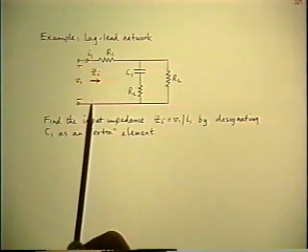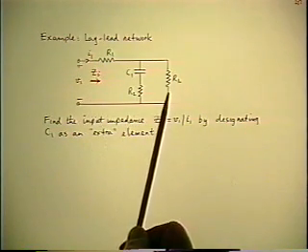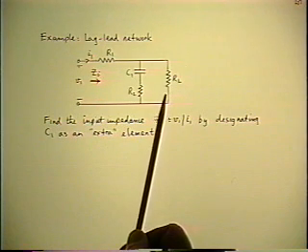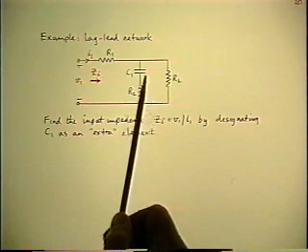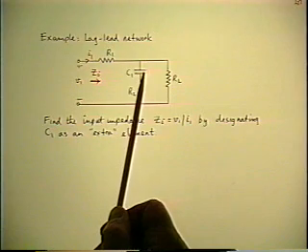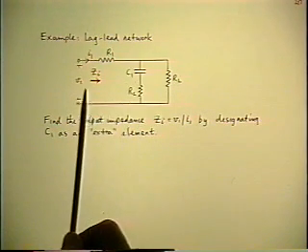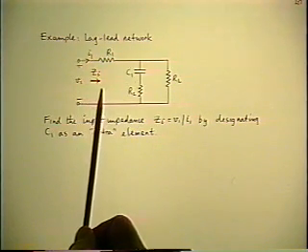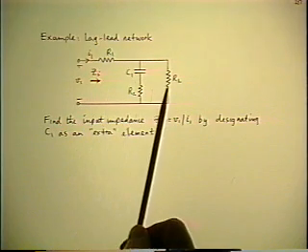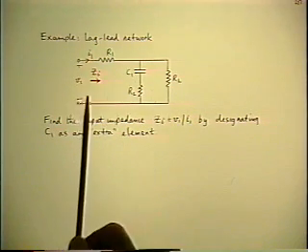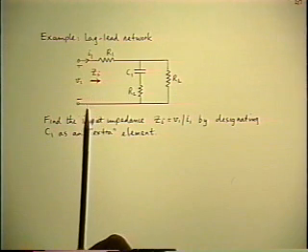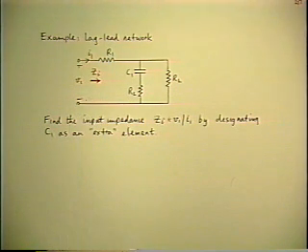So suppose we want to calculate the input impedance of the lag lead network. Using the extra element theorem, designate the capacitor as the extra element, throw it out, calculate the input resistance of the reference network, and then find the correction factor. So this is an example where the function to be corrected is a self-impedance.